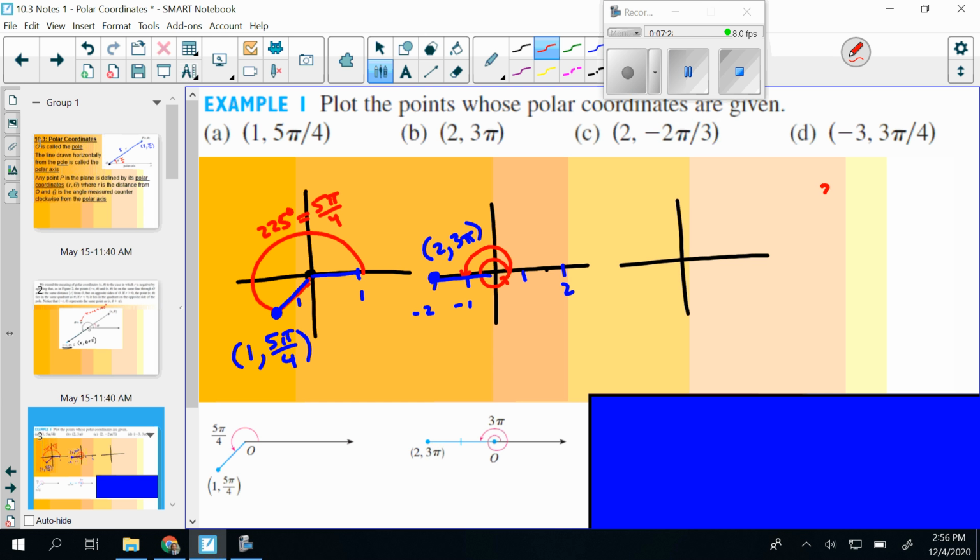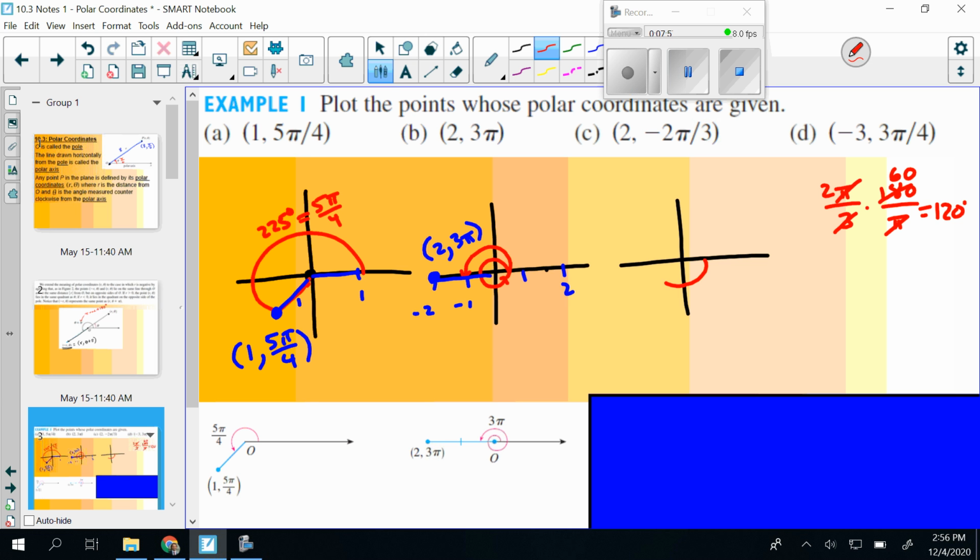Let's do a little converting again. 2π over 3 times 180 over π. That would be the same as, π's cancel here, 3 would go into the 180 60 times, so it'd be the same as 120 degrees. So if we traveled 120 degrees, that's 90 and then 30 more. That's where our angle would be.